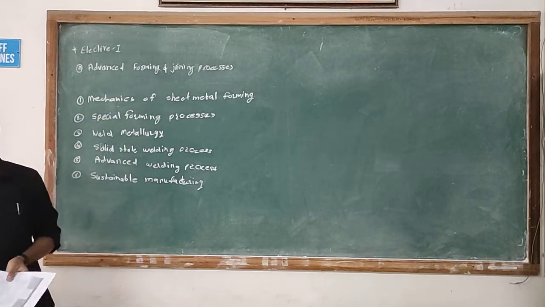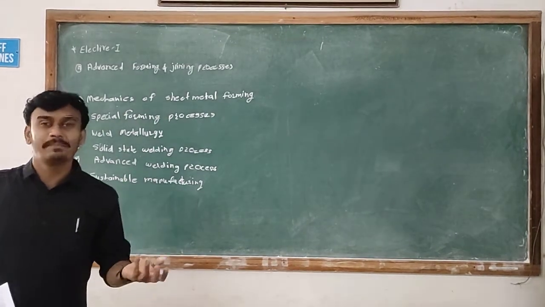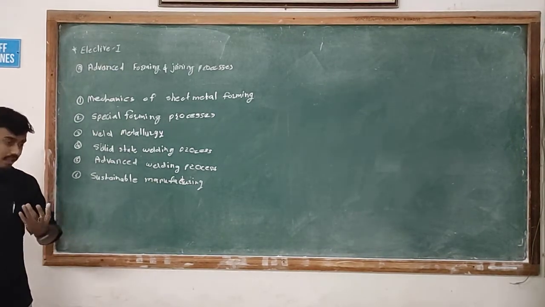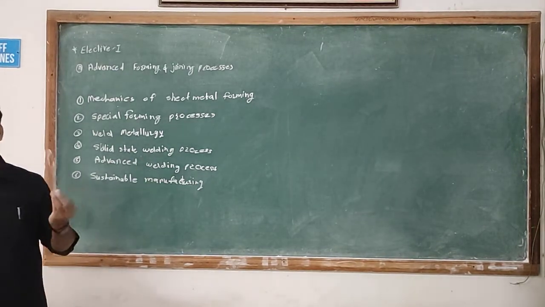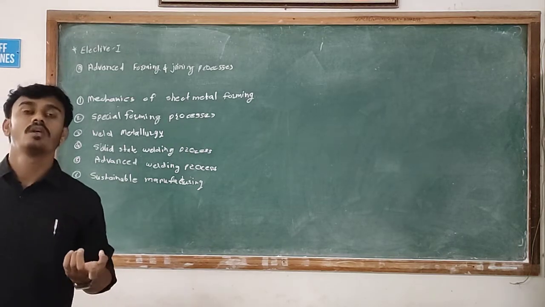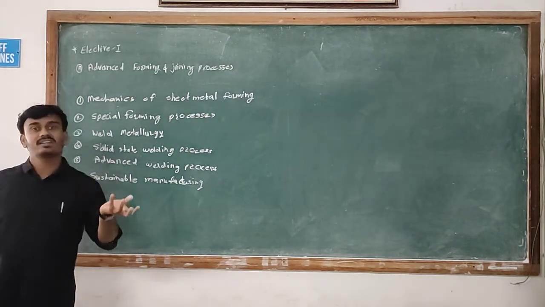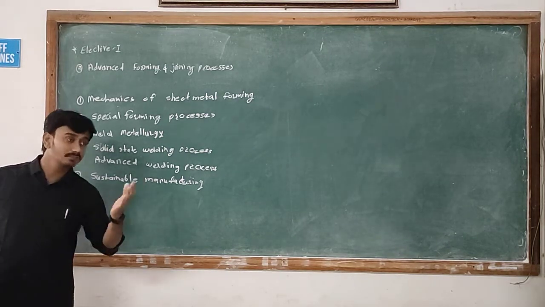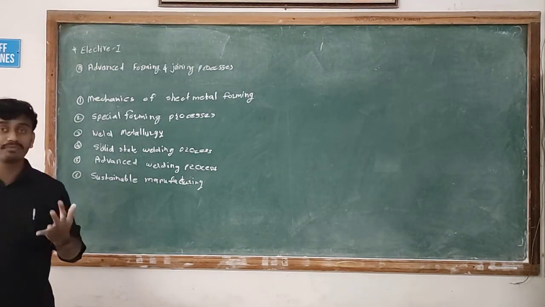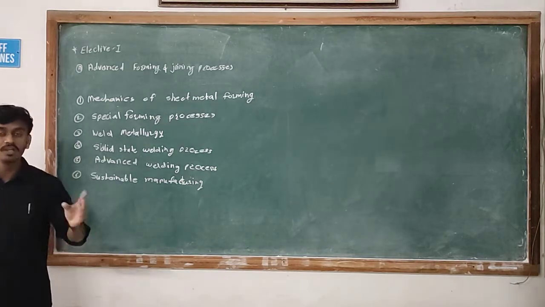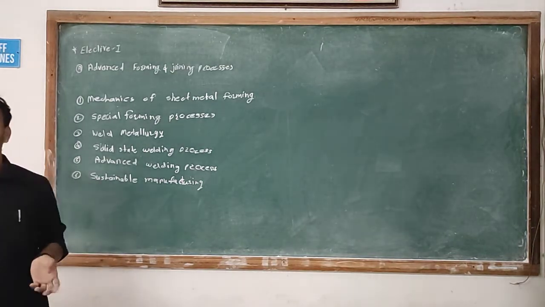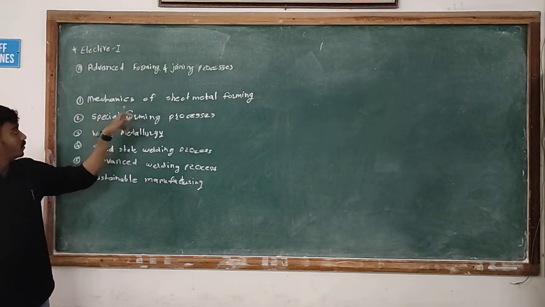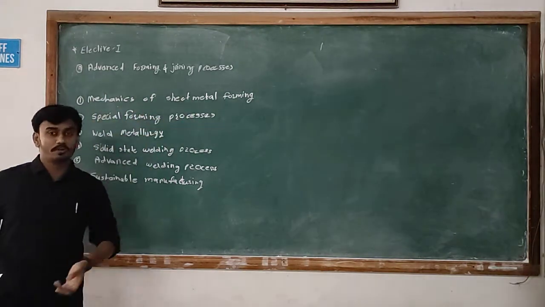We studied the subject of mechanics: if any vehicle is moving on the road, what is the speed of the vehicle, which factors will affect the speed of the vehicle. There is some opposing force, the friction between the wheels and the road, which also affects the speed of the vehicle. So similarly here in this unit, mechanics of sheet metal forming.